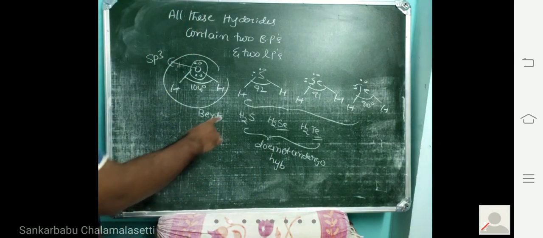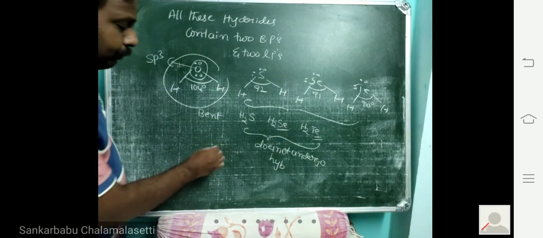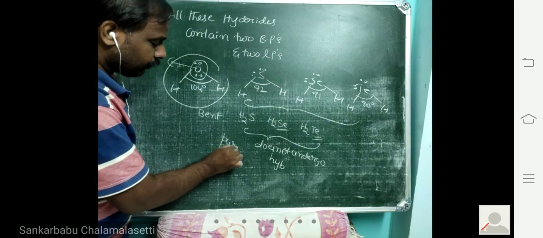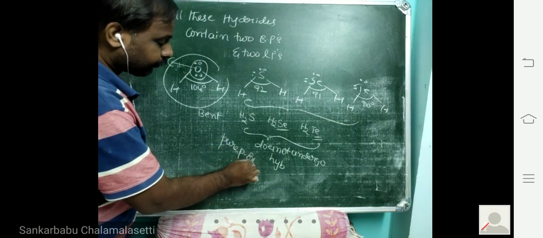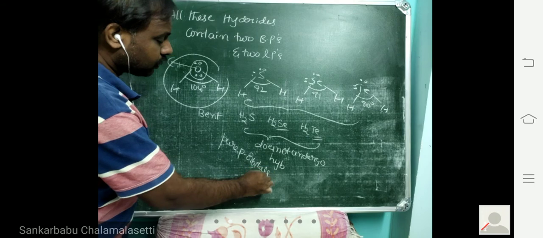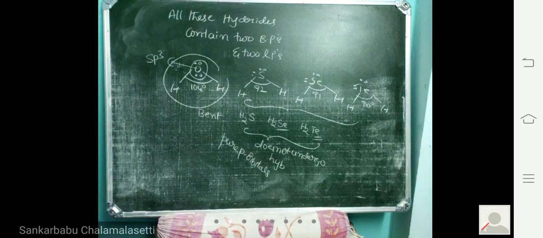In all these cases, only pure p orbitals are involved in the bond formation. So that is about the structure and hybridization of the hydrides. Bond angle from top to bottom decreases.